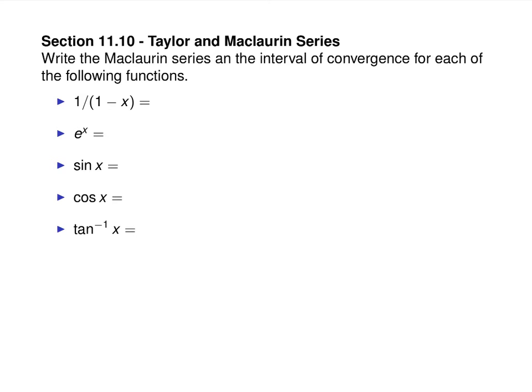Now it's going to be pretty useful if you know some Maclaurin series and the interval of convergence for some common functions. So for 1 over 1 minus x, this is the sum from n equals 0 to infinity x to the n, or 1 plus x plus x squared plus x cubed, etc. Its radius of convergence is 1. e to the x is the sum from n equals 0 to infinity x to the n over n factorial.